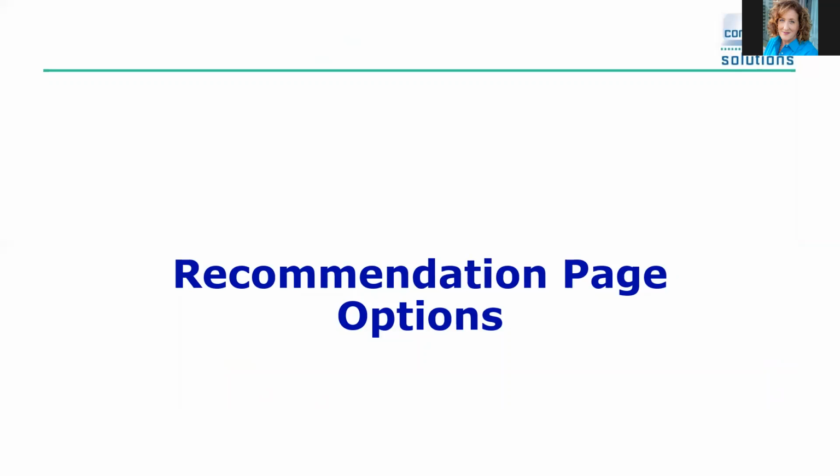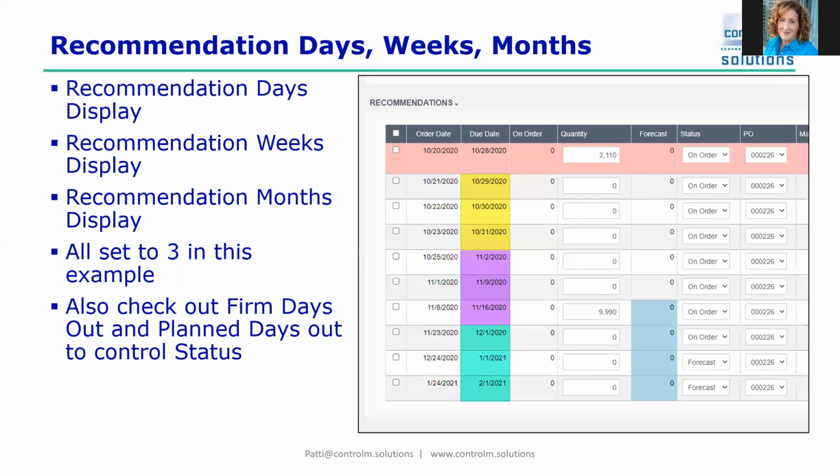Let's dive in a little bit to some options on the recommendations page. Recommendations days, weeks, and months are broken out to suggest when you want to automatically add information to POs. Many companies will use, for example, days of 8 to 10, weeks of 4 to 6, and months of anywhere from 3 to 12, depending on your lead time.